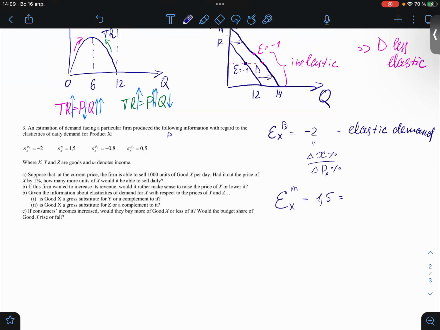First of all, the definition: it is the change in demand for good X when our monetary income changes. First, we can say that it is a positive reaction. That means that the higher our income, the higher is demand for the product. And we can call such a product a normal good.